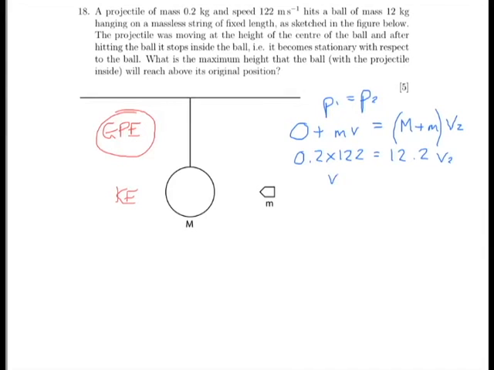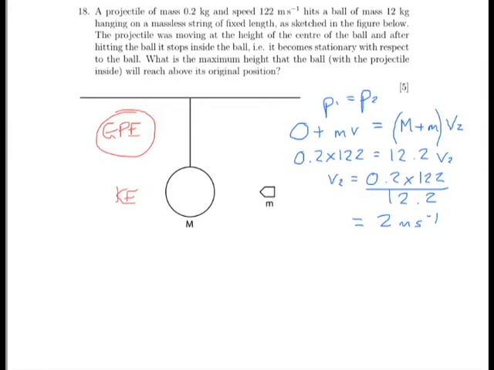So rearranging here, V2 becomes 0.2 times 122 divided by 12.2, which comes out as 2 meters per second. So that is the combined velocity of the two masses, the projectile and the ball, is 2 meters per second.